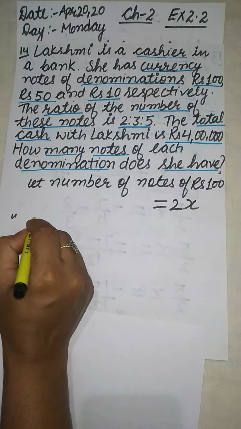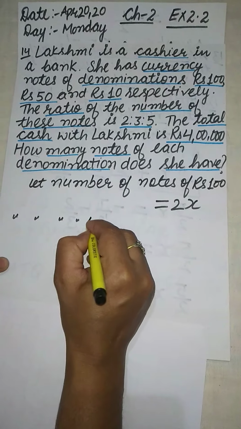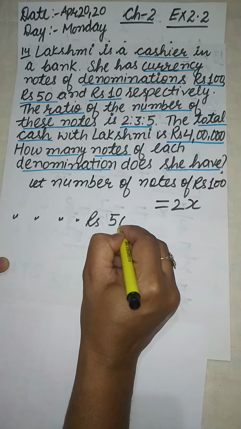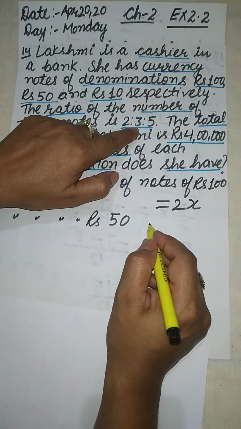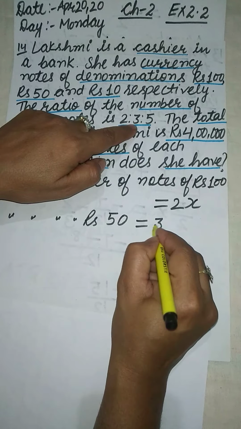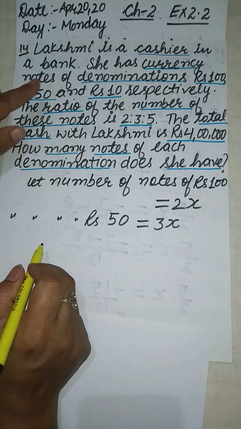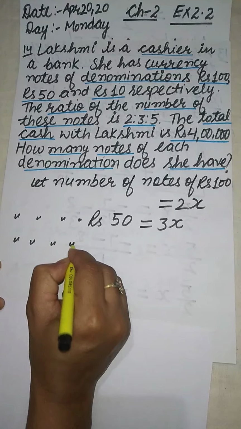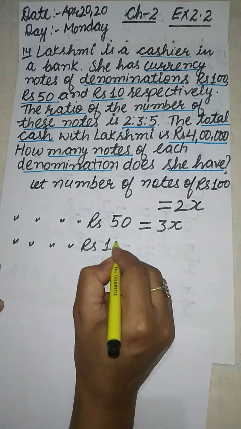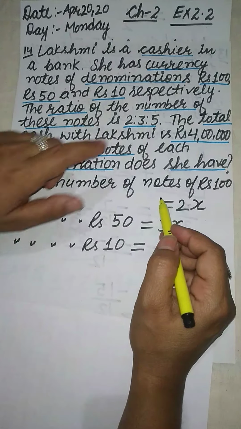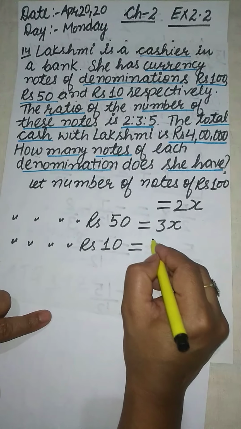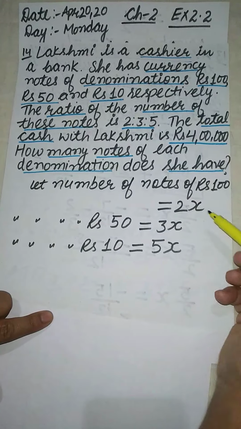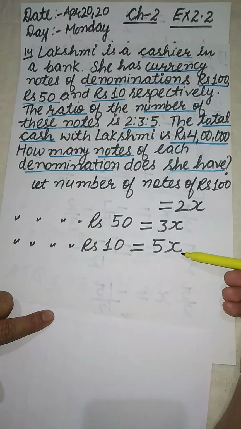So the number of notes of rupees 50 is 3x. And next is rupees 10. So the number of notes of rupees 10 is equal to 5x. These are the number of notes.